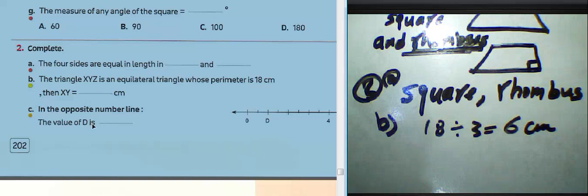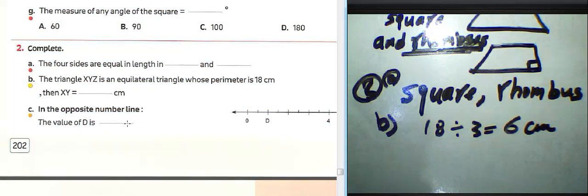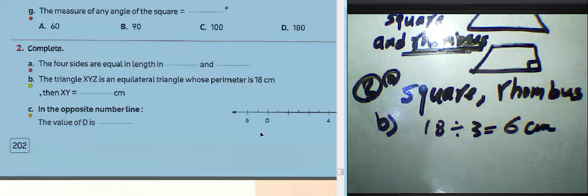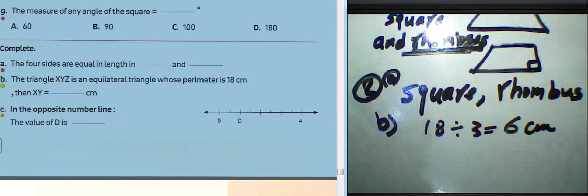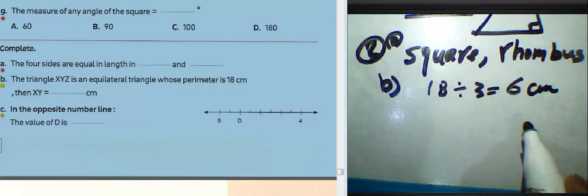Question letter C. In the opposite number line, the value of D will be what? He asks the value of D. 0, 1, 2, 3, 4, 5, 6. We have 4 parts here on the number line.